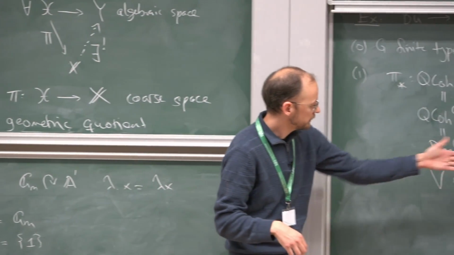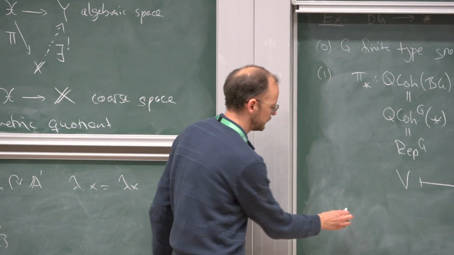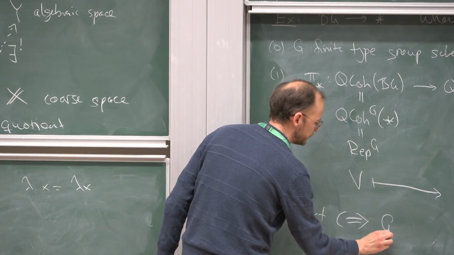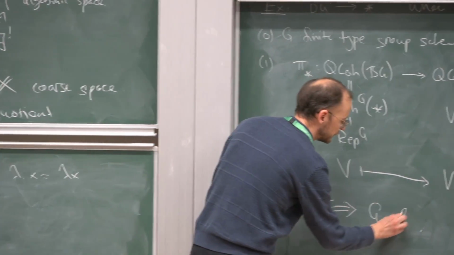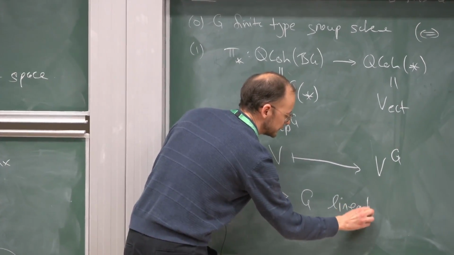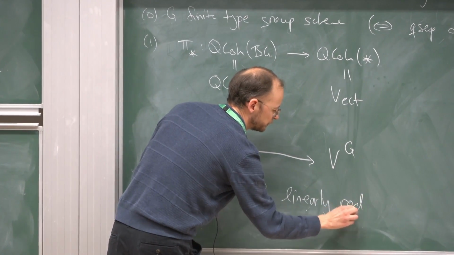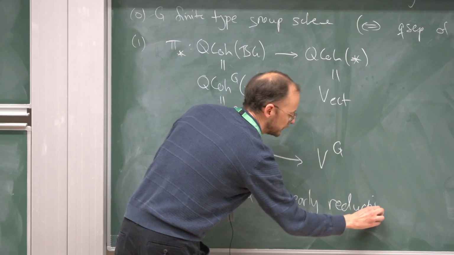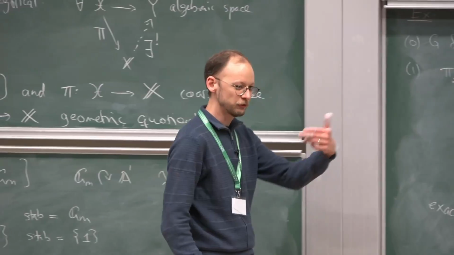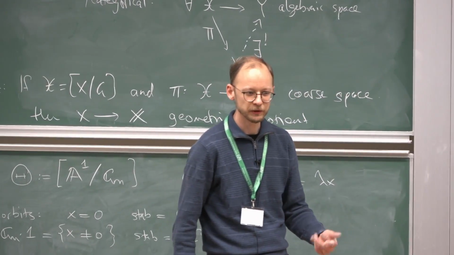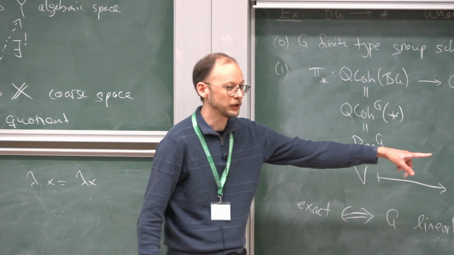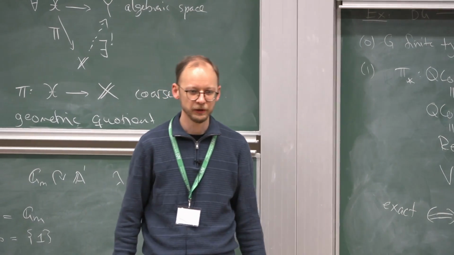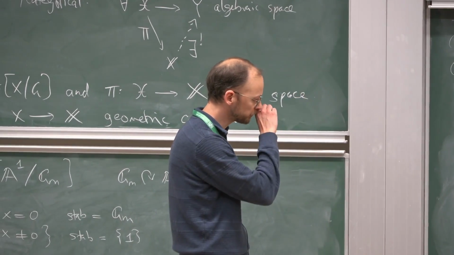As Josh said, this is exact precisely when G is reductive, and to be precise, when G is linearly reductive. Josh mentioned in passing that in general there's reductive, linearly reductive, geometrically reductive, and linear reductivity is this exactness of taking invariants, or the complete reducibility of finite dimensional representations.